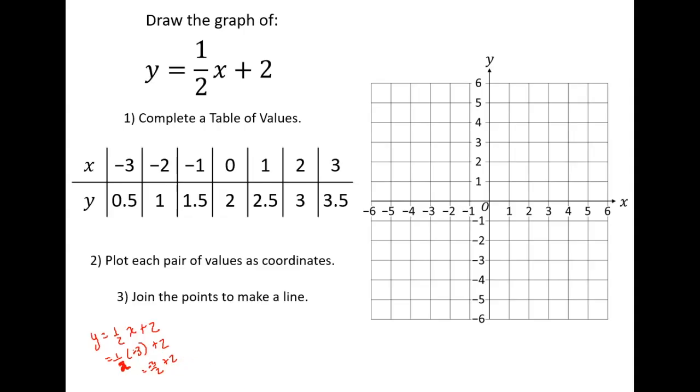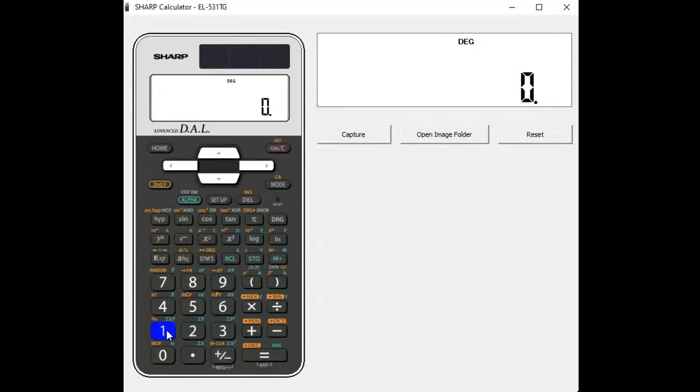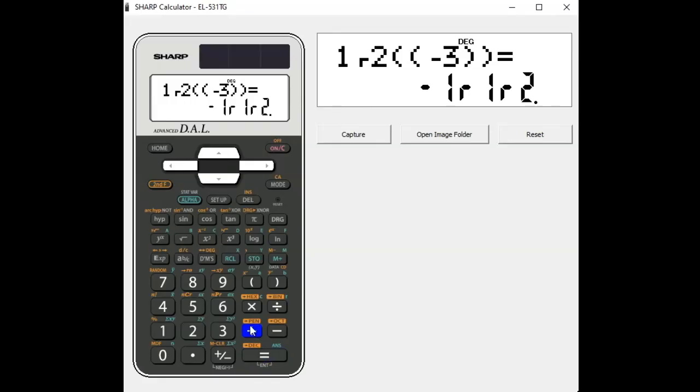So if you're not able to do this in your head, which I'm not, you'd have to find your common denominator, but you could use your calculator. So we had 1/2 times -3, which gave me -1.5 or -3/2, right?